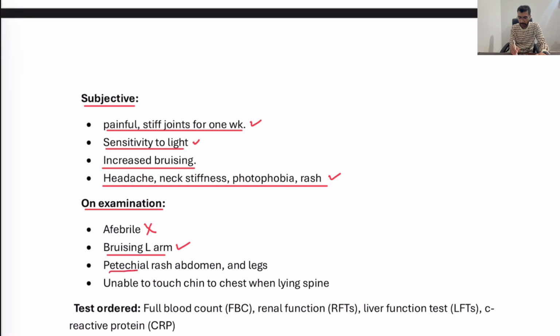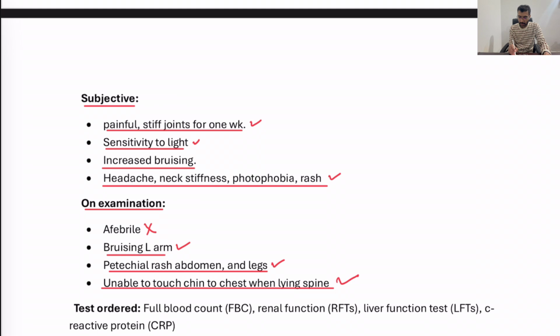Petechial rash, abdomen and legs, important. Unable to touch chin to chest when lying supine, it's important. It's an important sign of meningitis. Brudzinski's sign. It's difficult to pronounce actually. Brudzinski's sign.